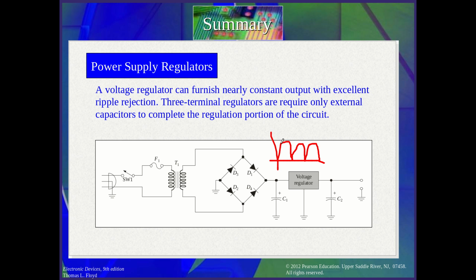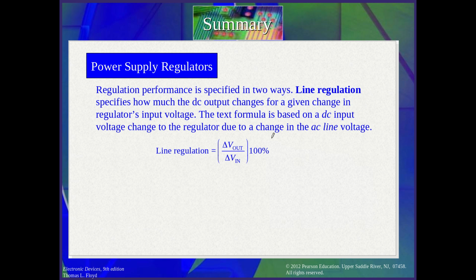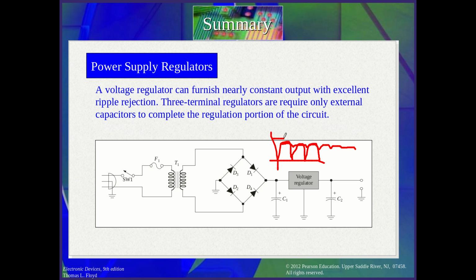Imagine that you have a capacitor that is charged, then there is another capacitor that is charged, then another capacitor. It's like this. So imagine that you have 10 of these, so your line will be approximately like this.